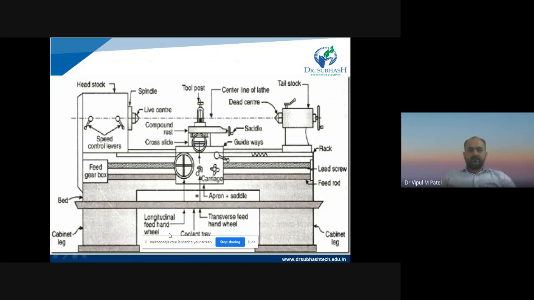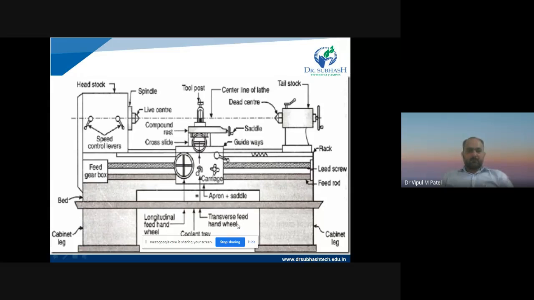Longitudinal feed hand wheel over here. You can see that. We can give the feed with our hand, or the operator's hand, we can say. If we want to give a longitudinal feed to the single point cutting tool, then we have to use this hand wheel, and this is the transverse feed hand wheel.